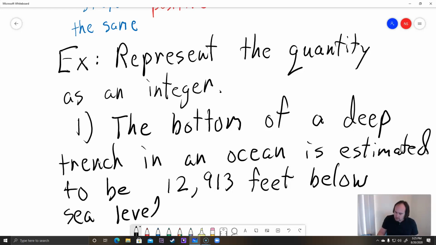And we want to represent this quantity as an integer.